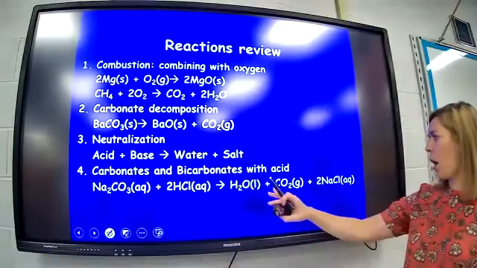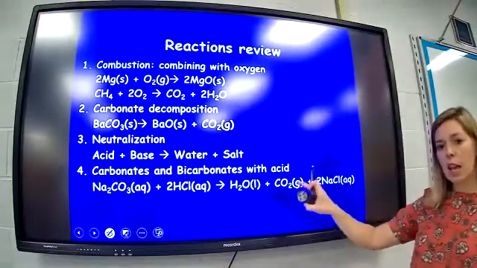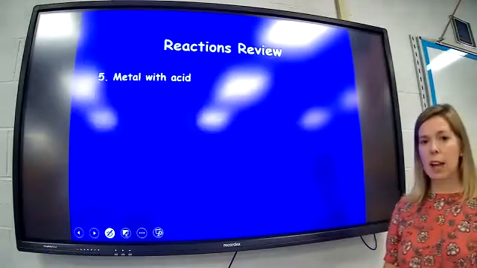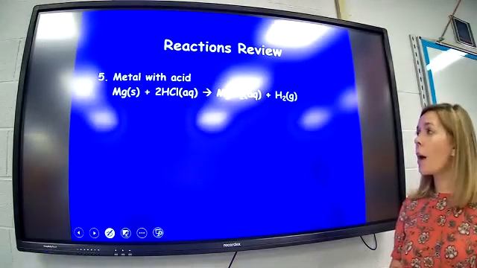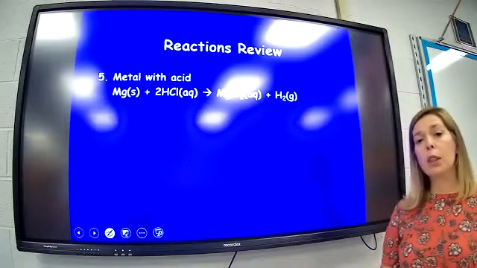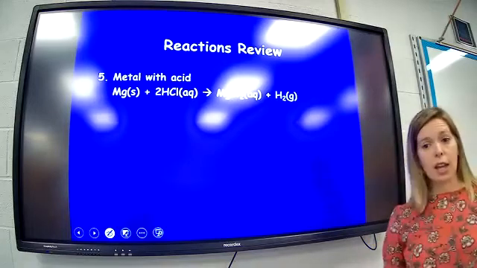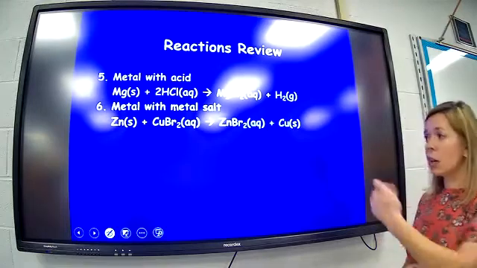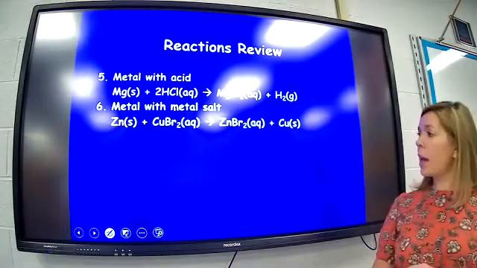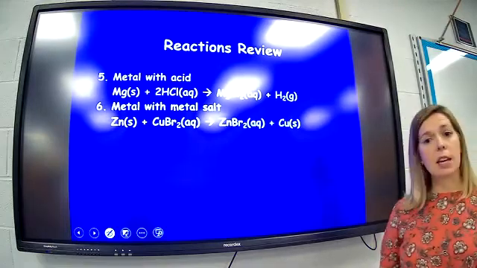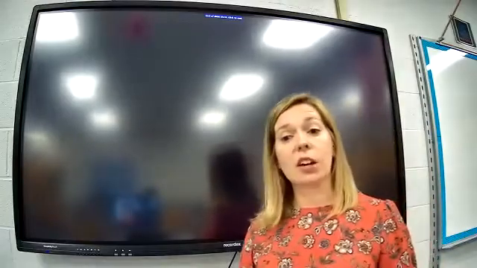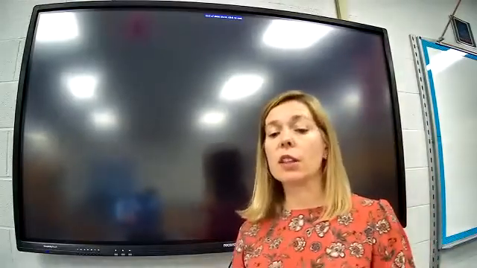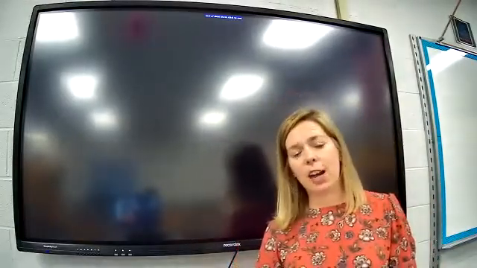So we have our water, our salt, and the carbon dioxide gas. When we react a metal with an acid, we produce hydrogen gas, so we will see bubbling. Single replacement reaction, when we have a metal and an ionic salt. And that is it. So now we need to start reviewing for chapter 4 so that we can prepare for our test.